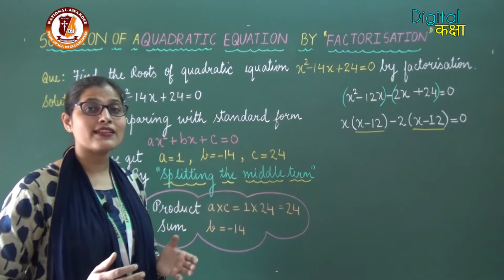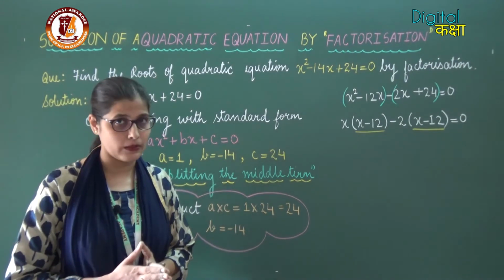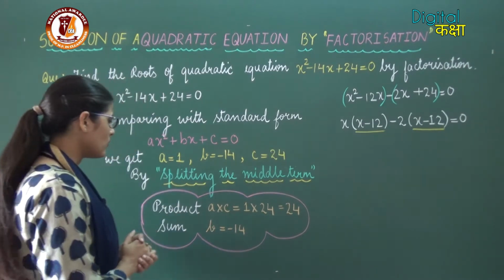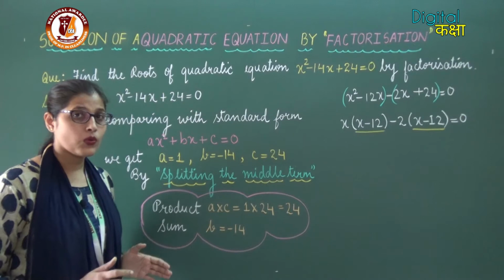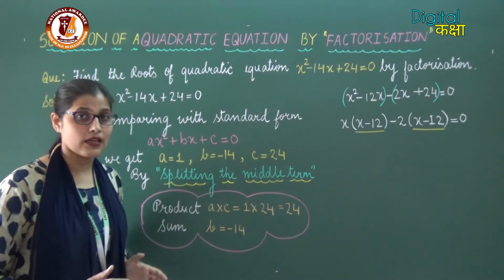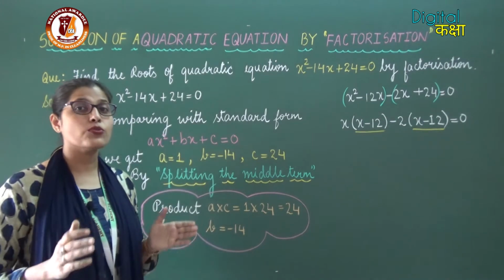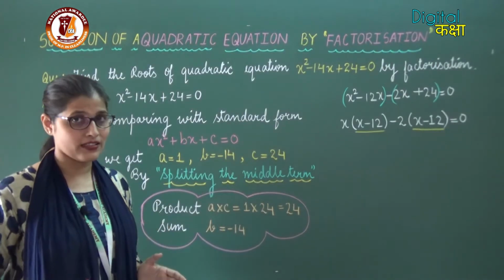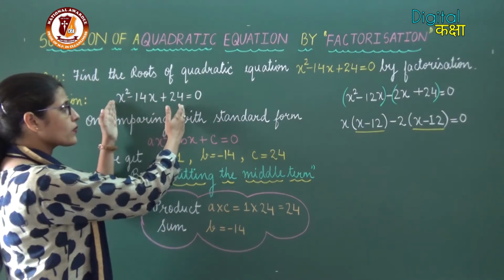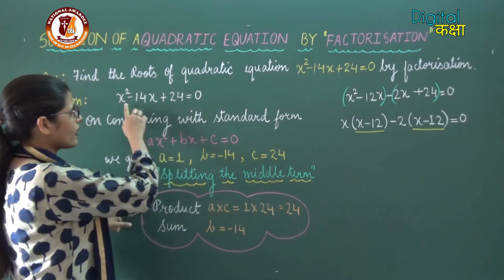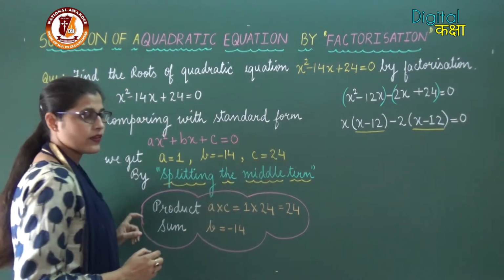we will be using the method of splitting the middle term. So, for splitting the middle term, you must know the product and the sum that you need to find by taking two numbers as the factors. As you can see here in the given equation, the value of a is 1 and the value of c is 24.